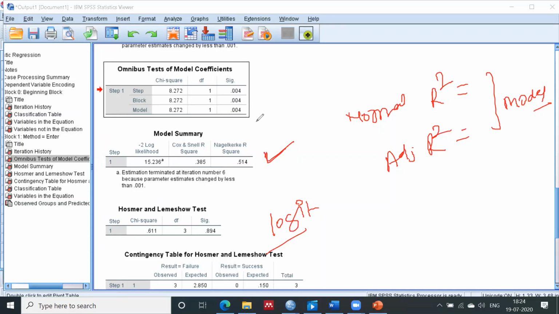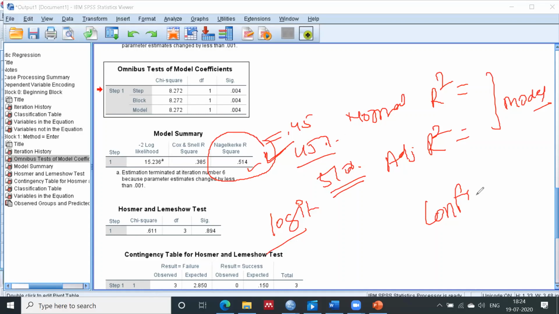In this particular table, you need to analyze only the Nagelkerke R square, and it should be greater than 0.45, or you can say 45%. So my value is 51%. So I can say that yes, my model is good. Make sure I have taken only confidence here.